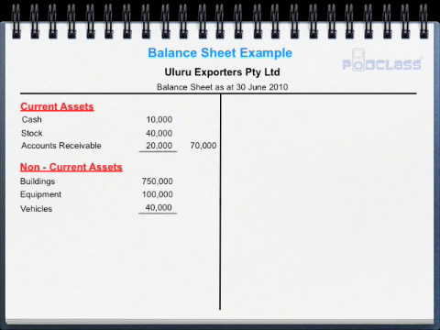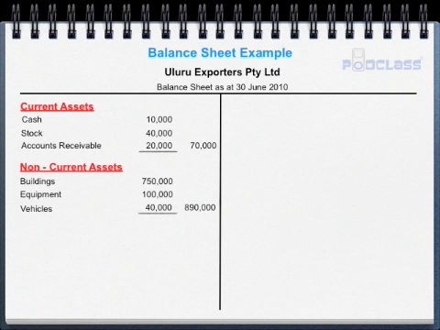In our example, Uluru Exporters have total non-current assets of $890,000. Other businesses may have more non-current assets, such as land, machinery, fixtures and fittings, etc.